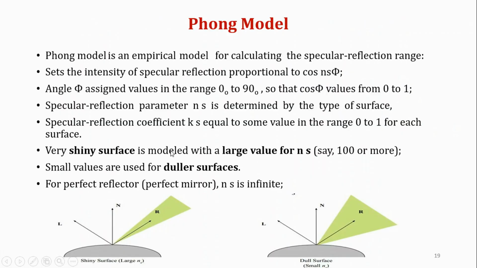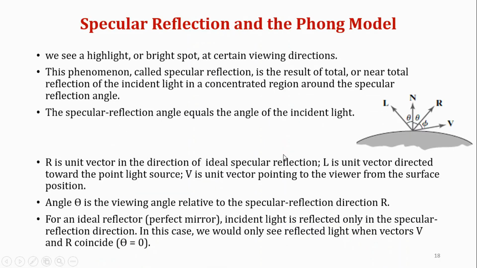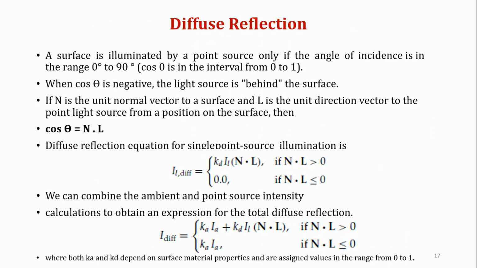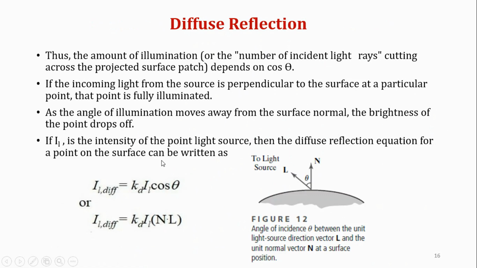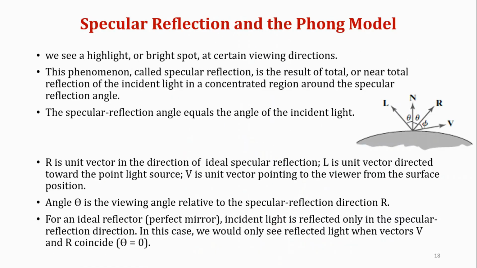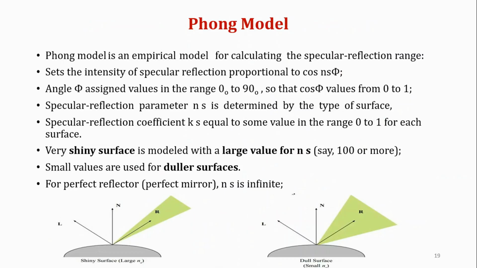A shiny surface is modeled with a large value of n_s, say 100 or more, and small values are used for duller surfaces. Check out this equation: cos theta equals the dot product of n and l. Before that, we have one more equation. With these two equations, we calculate the intensity, based on the n_s parameter, which is determined by the type of surface.